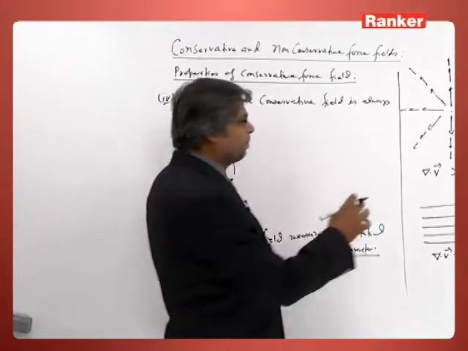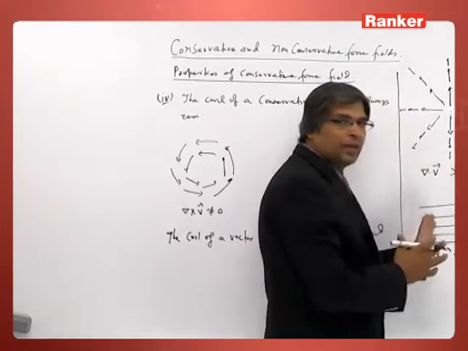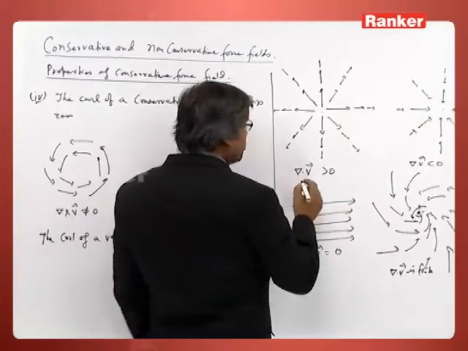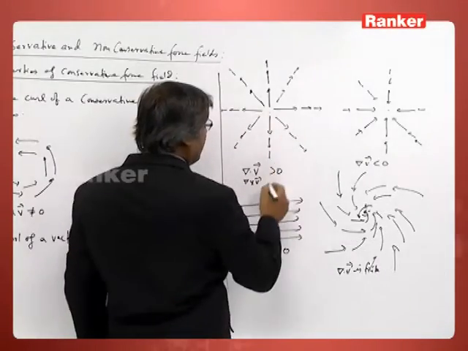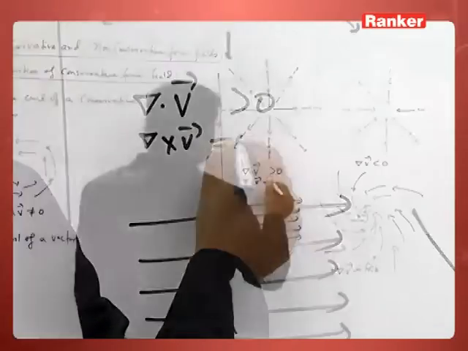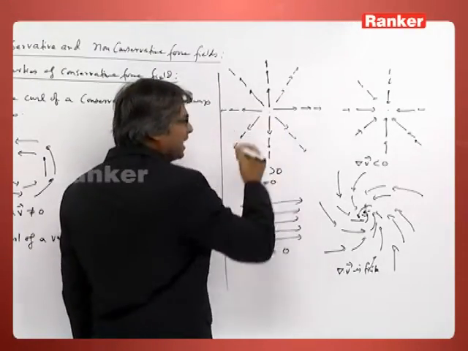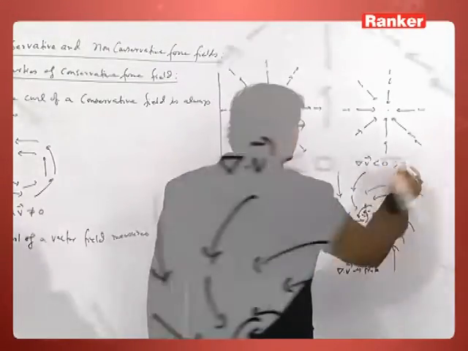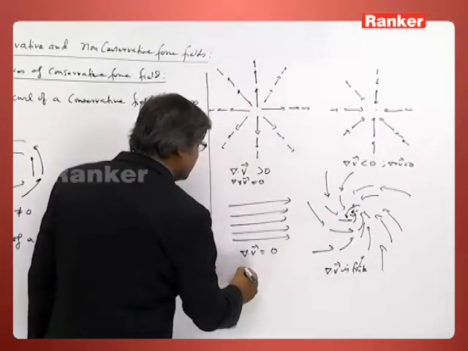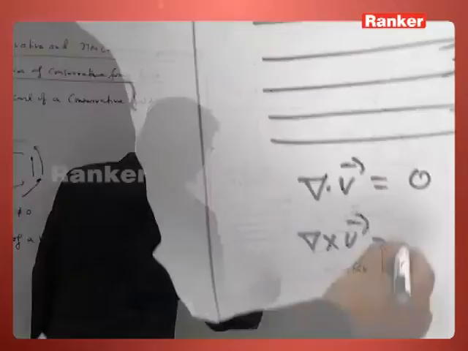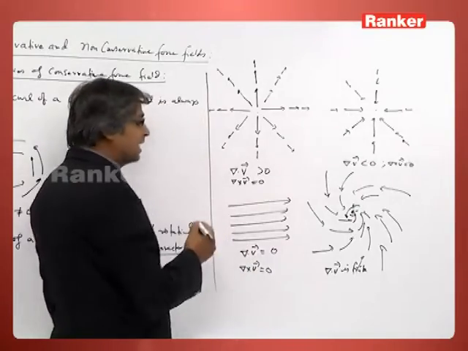You see here, these were the examples of conservative force fields. Here curl of V is equal to 0. It has no rotational character. And here curl of V is 0, no rotational character. Here curl of V is equal to 0, no rotational character.